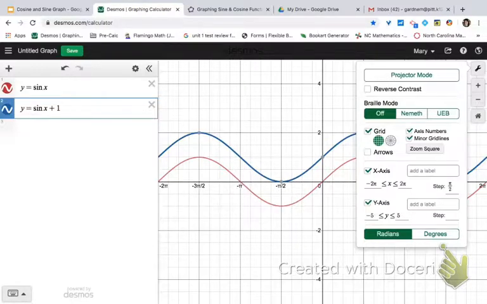However, I strongly recommend whenever we are graphing trigonometric functions from here on out, please use radians. Again, when you are graphing trigonometric functions, please use radians.